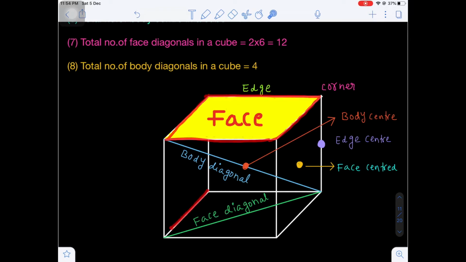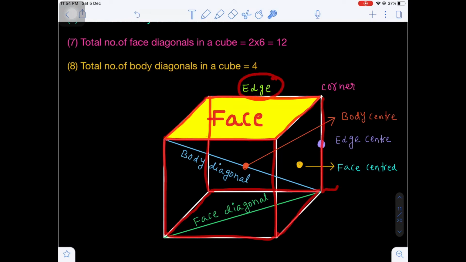Again here also 4 edges. Once again I am repeating, these are 4 edges and these are 4 edges, 8 edges. The 9th one, this will be the 10th, the 11th and the 12th. Total how many edges will be present? 12 edges will be present.